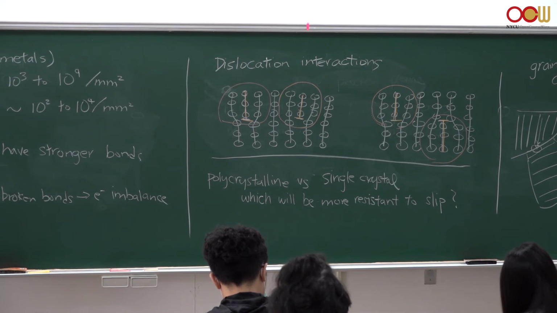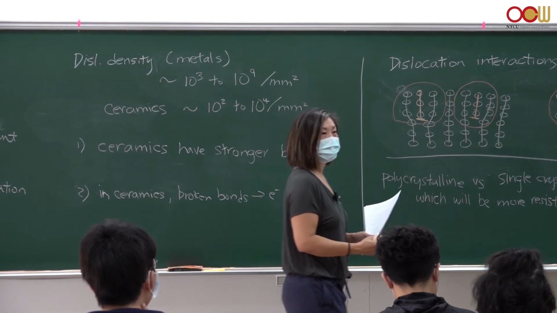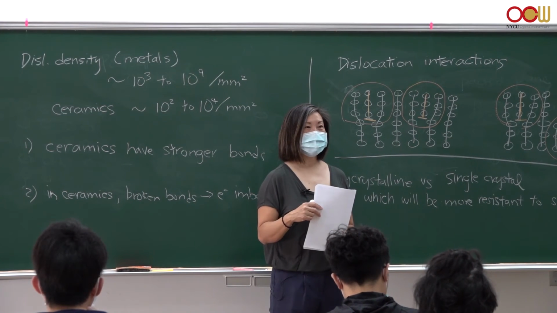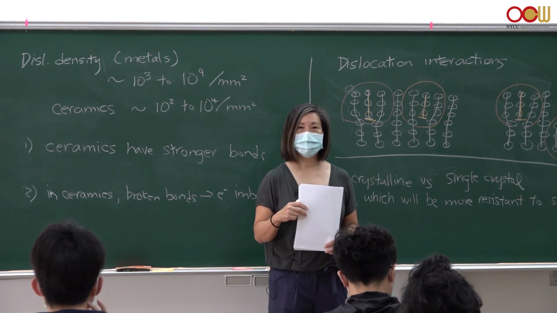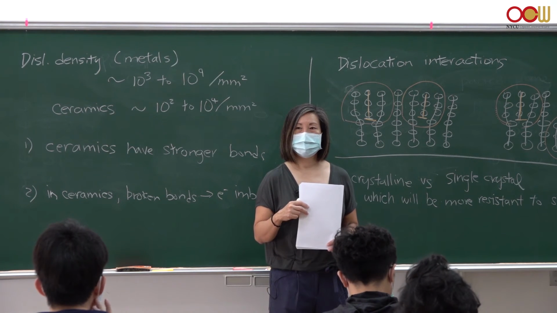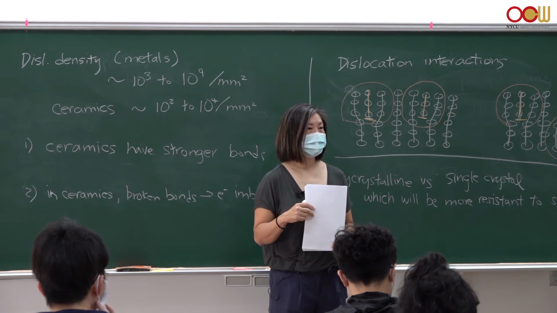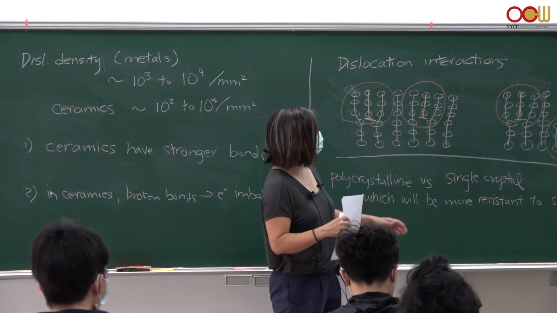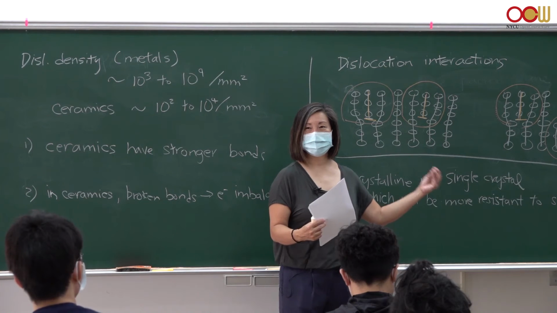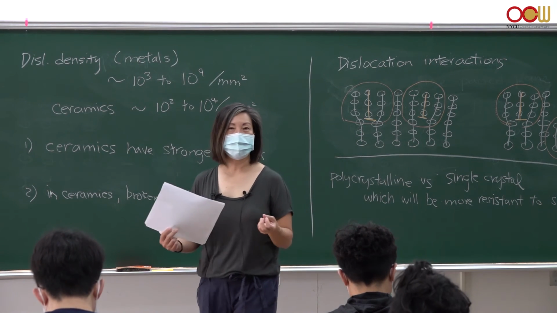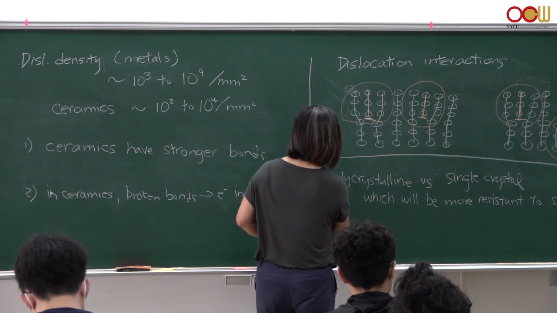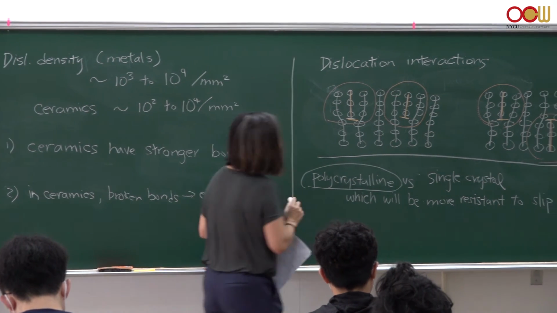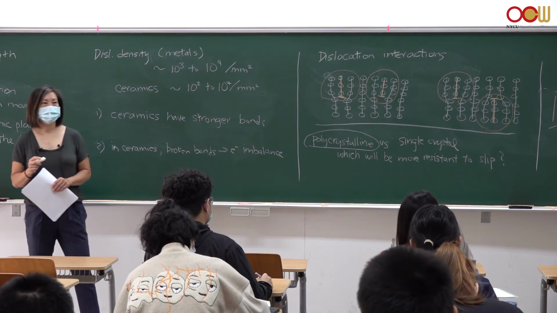Which one do you expect will be more resistant to slip? Polycrystalline, why? Yes, because they have grain boundaries, and the grain boundaries prevent slip from happening or make it more difficult for slip to occur. So polycrystalline materials will be more resistant to slip.